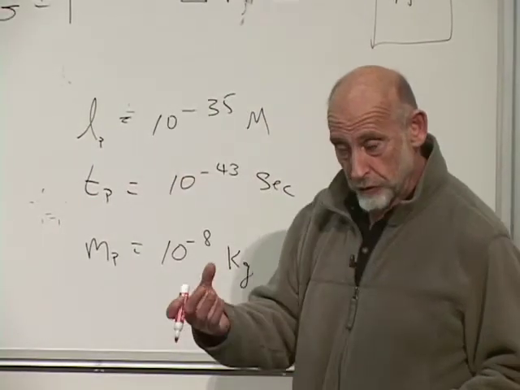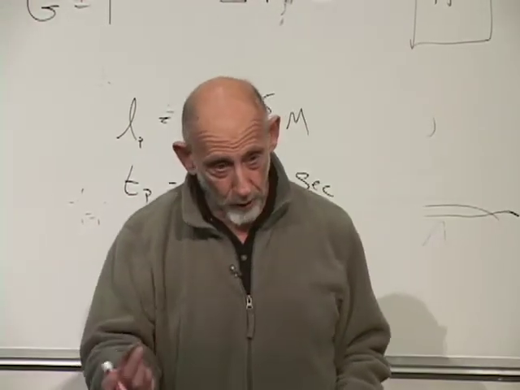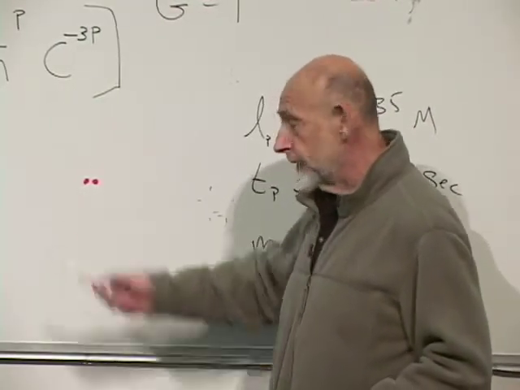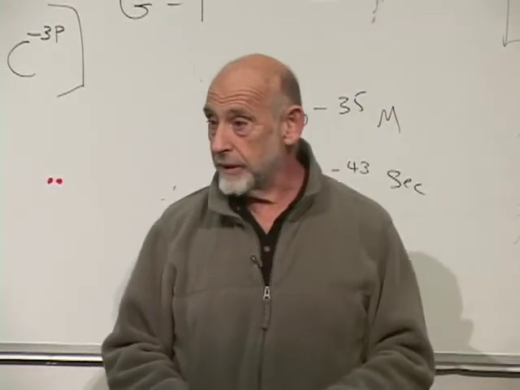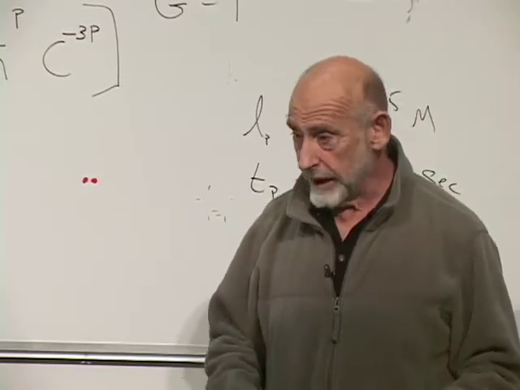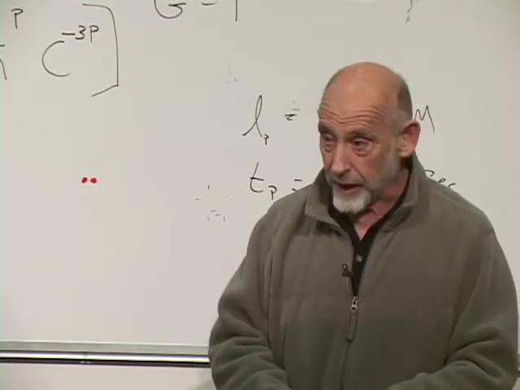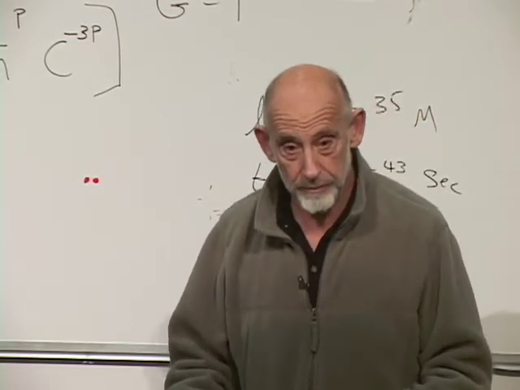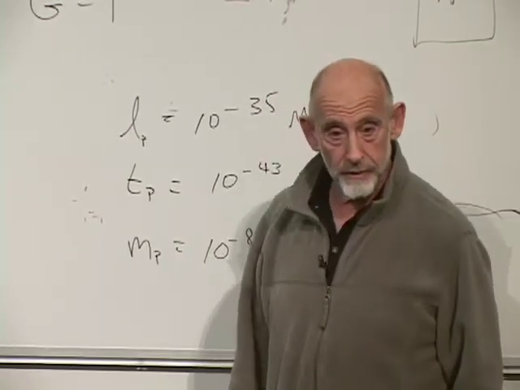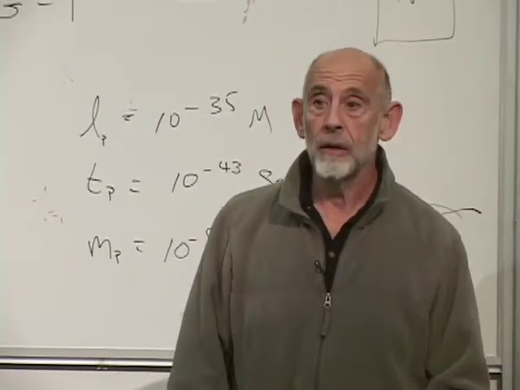If you try to localize two particles to a distance comparable to the Planck distance, the energy that you have to put in will be the Planck mass. So it's just the uncertainty principle. We can work it out.